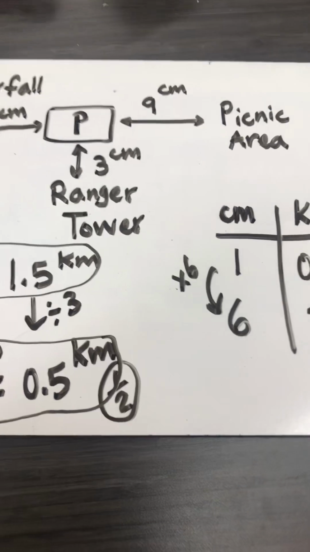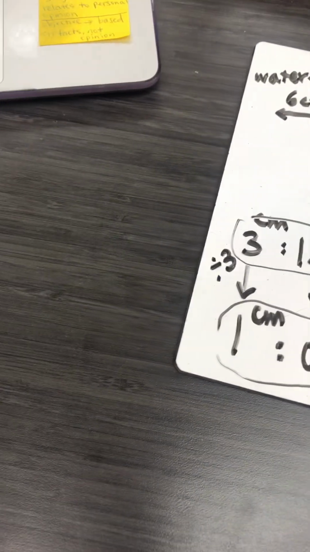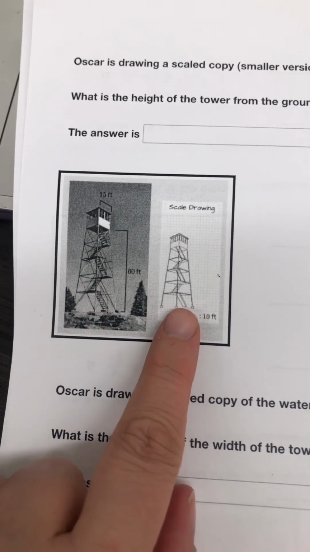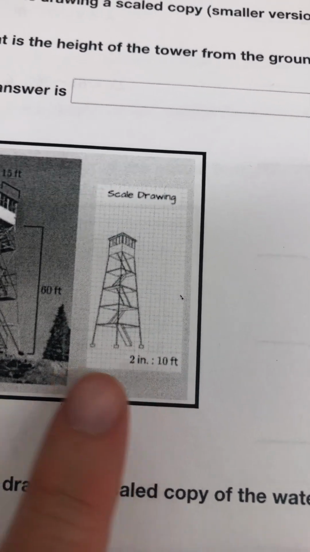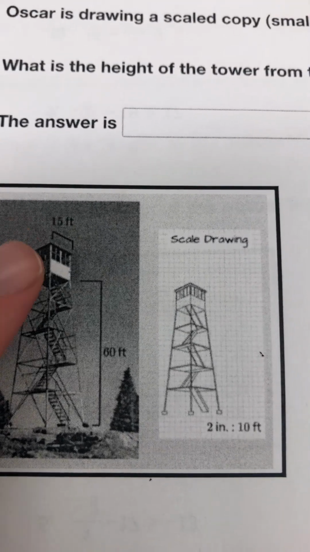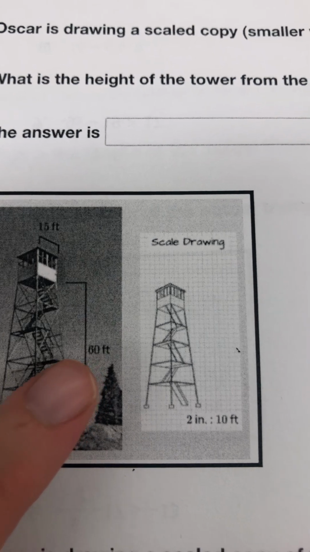The third question is going to ask you a few things about the Ranger Tower. So they give you the picture of the Ranger Tower, which has no measurements on it. But then the actual tower is 15 feet wide and 60 feet tall.